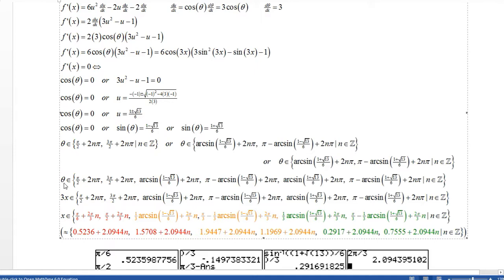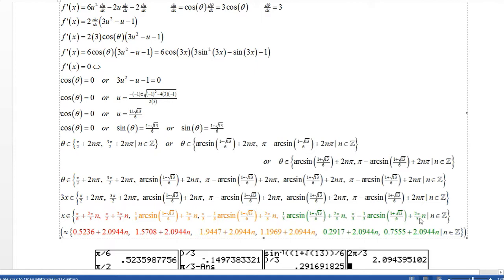Now remember, that's theta, however. So theta is 3x. So to get x, I need to divide by 3. So dividing these by 3 and distributing, I get pi over 6 plus multiples of 2 pi over 3, pi over 2 plus multiples of 2 pi over 3, 1/3 arc sine of (1 minus square root of 13) over 6 plus multiples of 2 pi over 3, pi over 3 minus 1/3 arc sine of (1 minus square root of 13) over 6 plus 2 pi over 3 times n, and so forth.